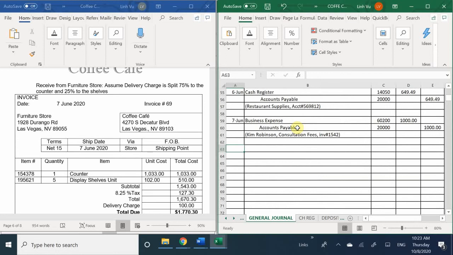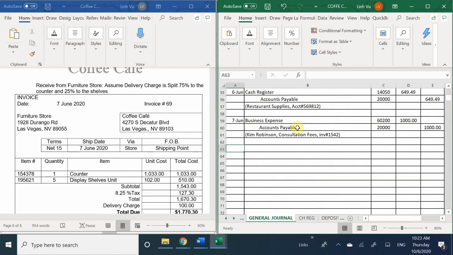Now, of course, that's not a very accurate depiction, right? Because freight isn't based on how much you buy. It's based on the weight of the object. But in this case, because I'm the accountant, I make the rules, I tell you I want it distributed this way. I don't want you to do any other calculations except for the ones that I've given you.